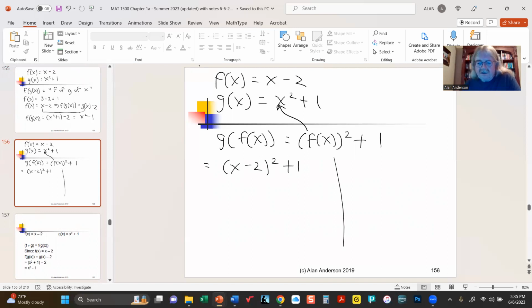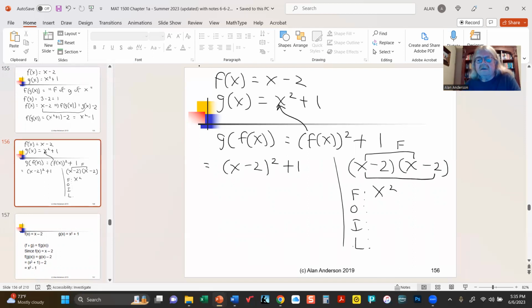Now, x minus 2 squared, we can figure that out in a couple of different ways. We can try FOIL, for example. Here's F for first, x squared. Outer is O. Inner would be these two, also minus 2x.